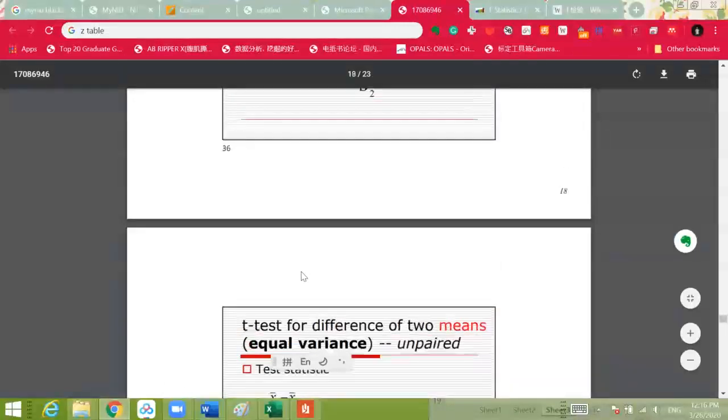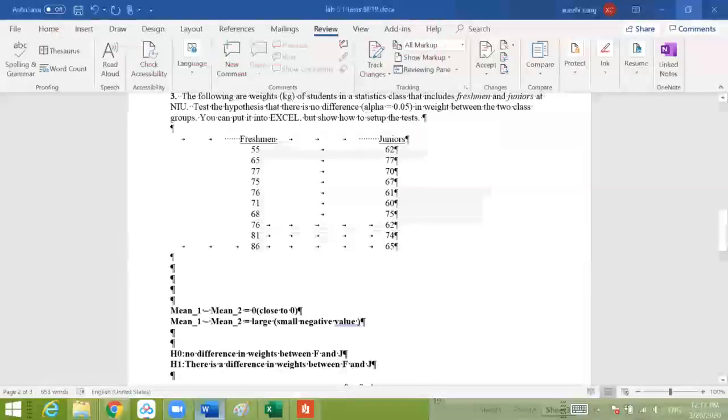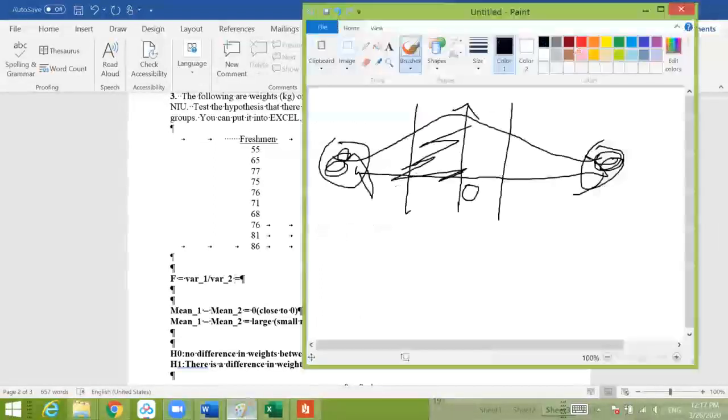First, I want to write down the equation of the F-score. The F-score equals the variance of group 1 divided by the variance of group 2, right? So let's analyze this equation. Let me draw one F distribution curve first.